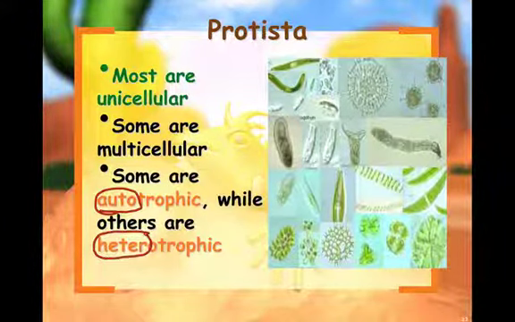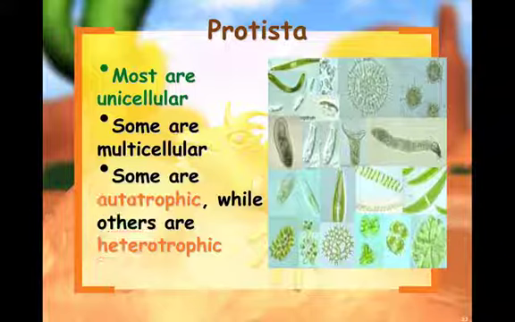Heterotrophic, once again, means that they have to get their food from someplace else. So an example of an autotrophic protista is going to be your algae, and a heterotrophic protista is going to be another single-celled organism called a euglena, but they have to eat and they can also photosynthesize as well.